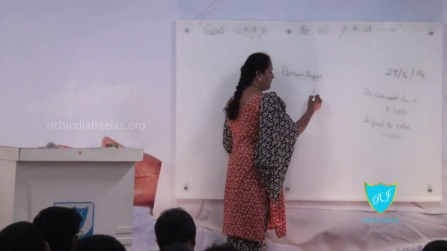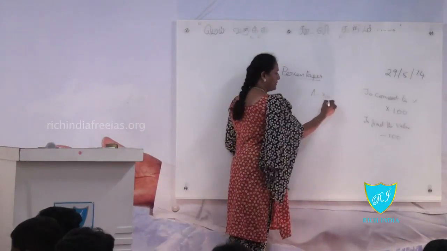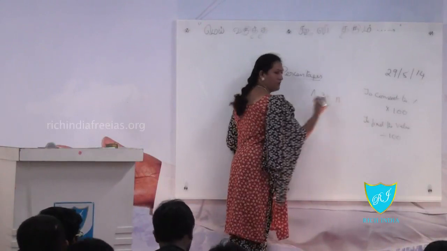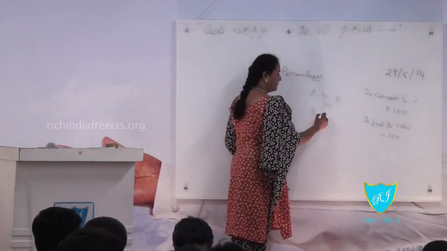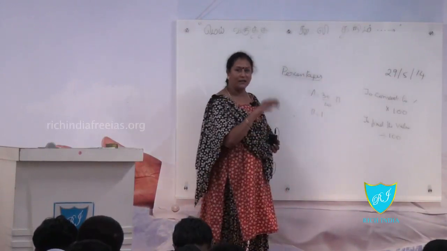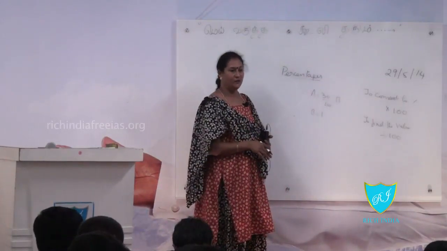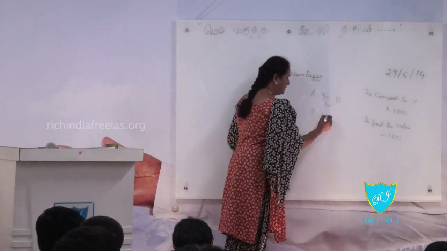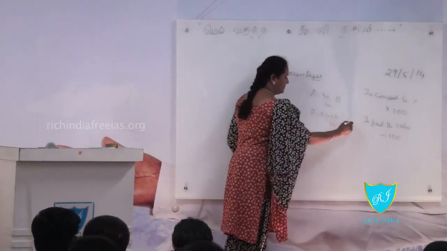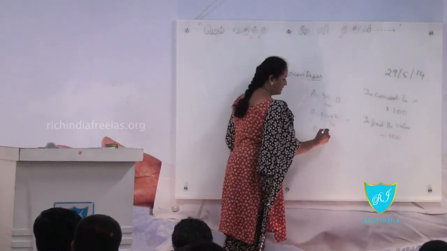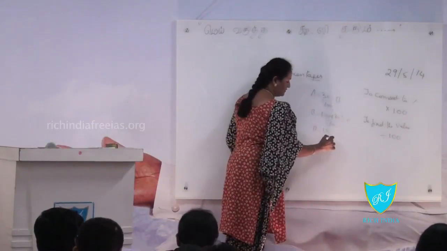So you take "of": 30 by 100 of B. And B salary is 30% more than C. So you add 30 with 100, so it will be 130, or 100 plus 30 by 100 times of C. So B salary is 130 by 100 times of C.